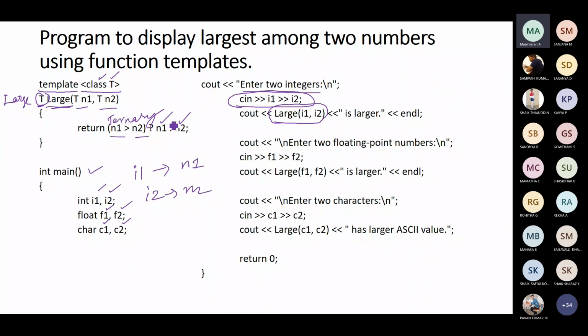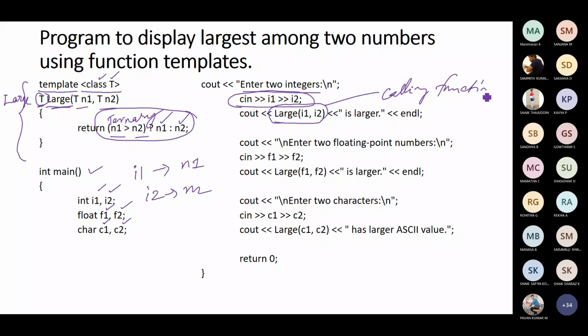Then this ternary operator will work. Whichever value is bigger, that value will be returned by the large function, so that after executing this function template, the compiler, after completing this function definition, returns to the calling function. So this is the calling function. This one is the called function.